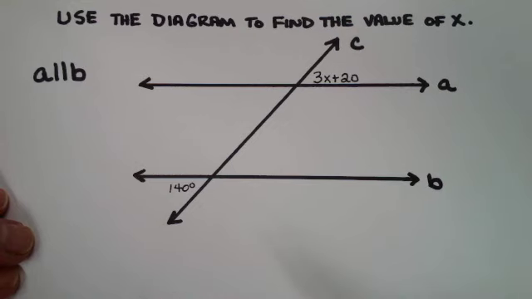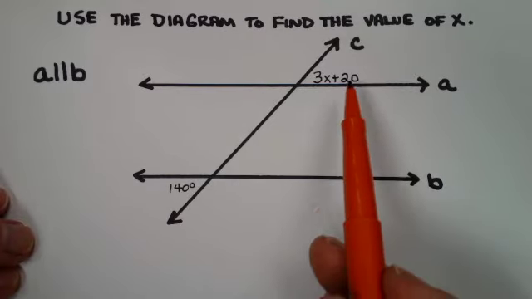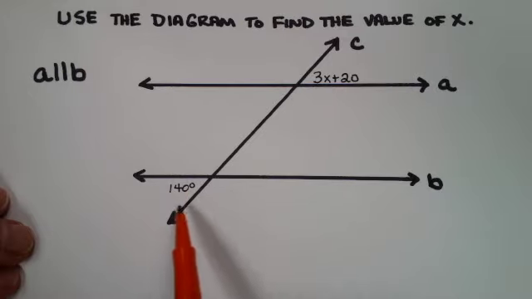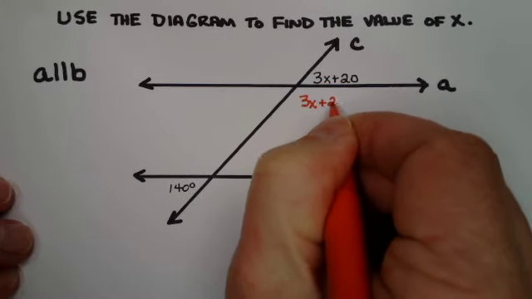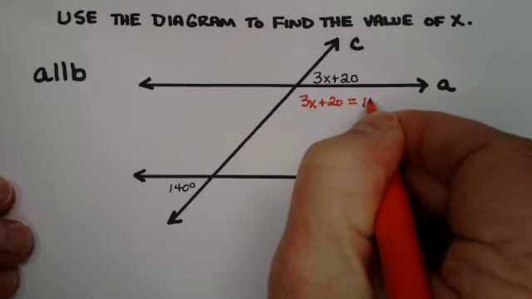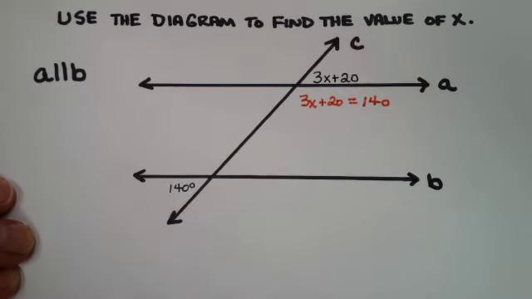Once we identify what kind of angles they are, we need to know what's special about them. What's special about alternate exterior angles? Alternate exterior angles are equal. So that's going to help us set up this equation. That means this up here should be equal to this down here. 3x plus 20 should be equal to 140.